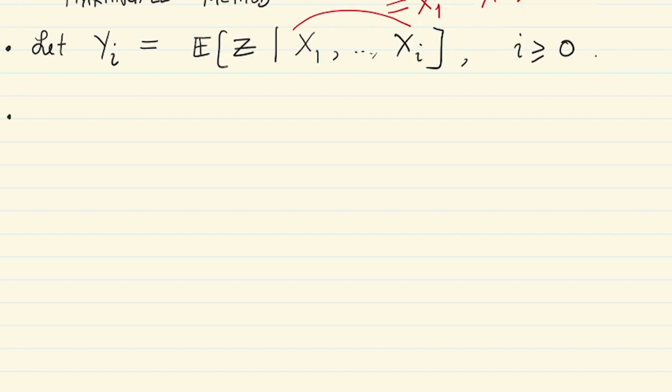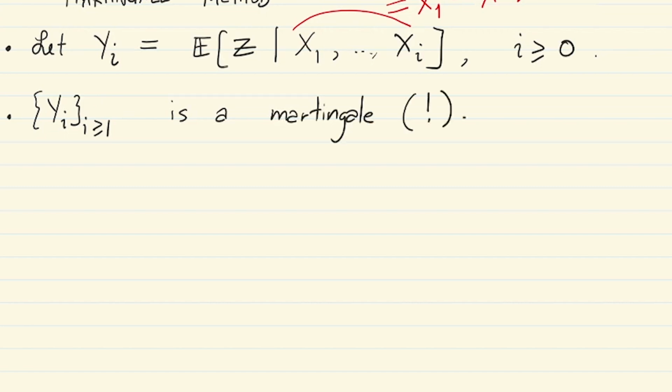And the nice thing about this set of random variables Y is that it forms a martingale. So this is easy to show offline. So the set of variables Yi form a martingale. Okay, this is a rather nice property that emerges just by this definition.